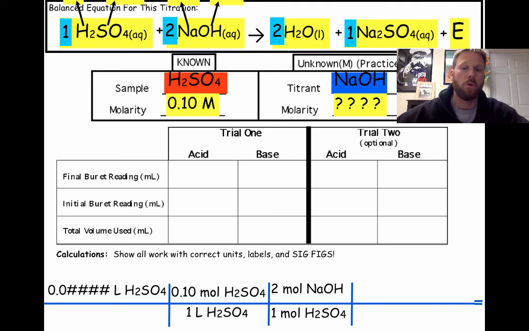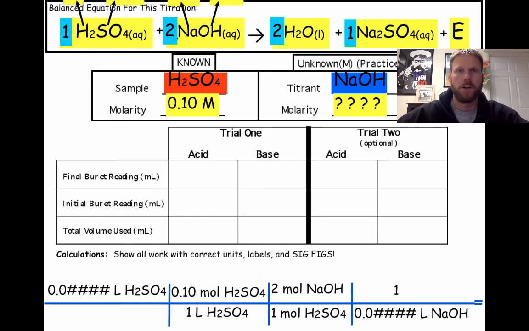The mole ratio will be 1 mole of acid to 2 moles of base. And then you simply need to divide by the volume of the base, which will be 4 sig figs. That's why I have 4 hashtags there. So this is the setup for your calculation when you do the practice titration and on the practical. You just need to fill in the volumes and determine the concentration of the base. Good luck to you.